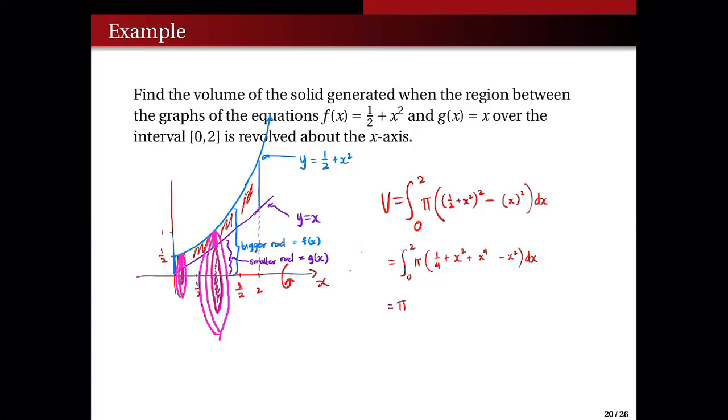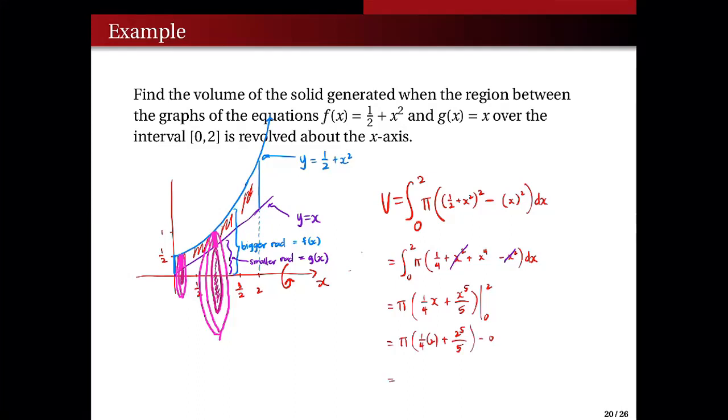So we have pi, and then integrating, we will have 1/4 x plus x to the 5 over 5 evaluated from 0 to 2. Again, we cancel this and this. So at x equals 2, we will have 1/4 times 2 plus 2 to the 5 over 5, and then minus 0.